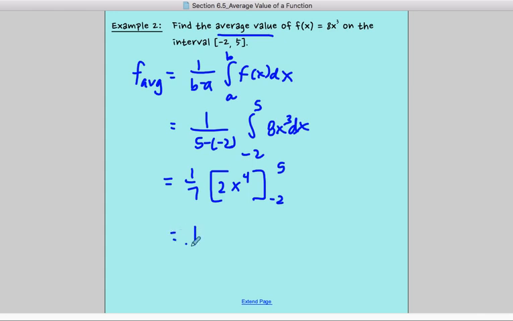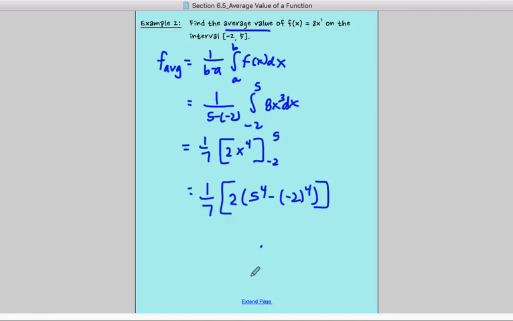So then I will have 1/7. Then I have 2 times 5 to the 4th minus -2 to the 4th. Using my calculator, this part right here will give me 609.